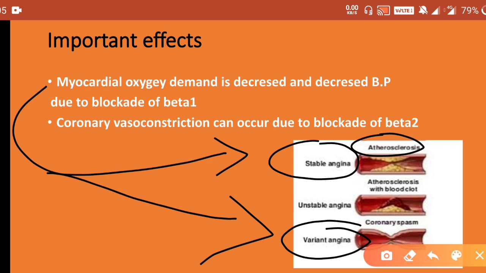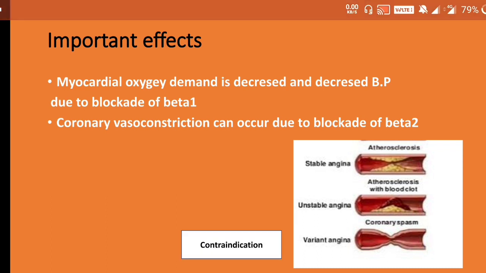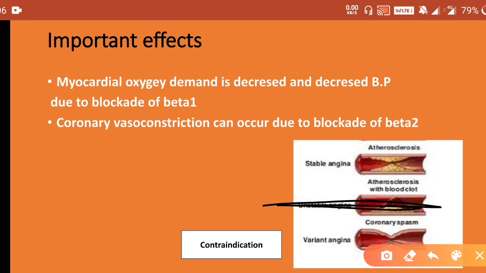Now you see, in such a condition, if we give beta blockers, what will beta blockers do? They will cause vasoconstriction of the coronary arteries and it will worsen this condition. Okay, that's why beta blockers are contraindicated in variant angina, whereas they are used for classical or stable angina. Okay, we are not talking about unstable angina here at all.